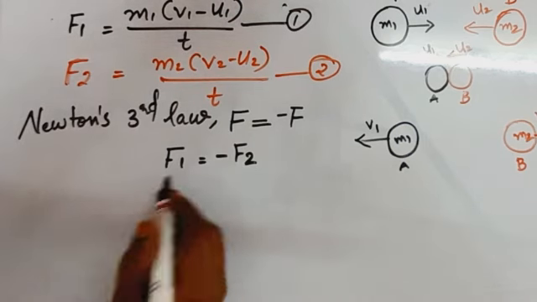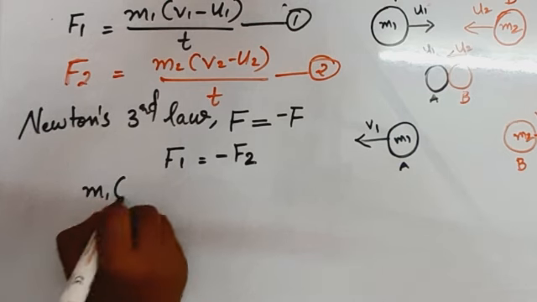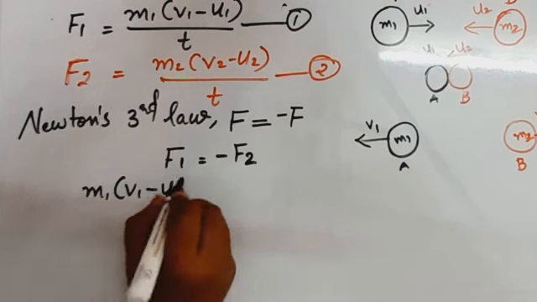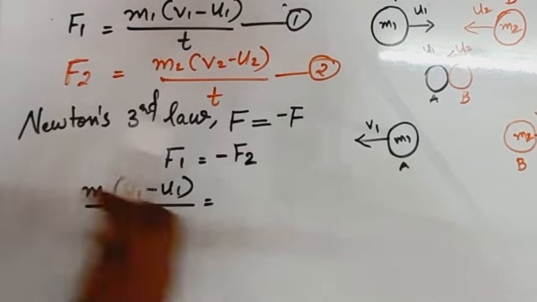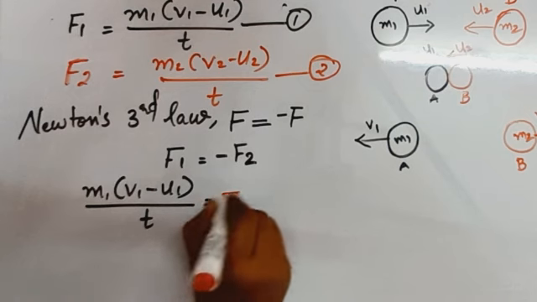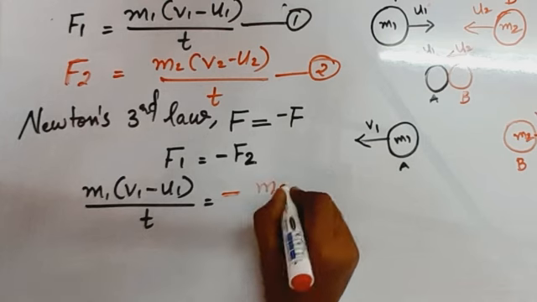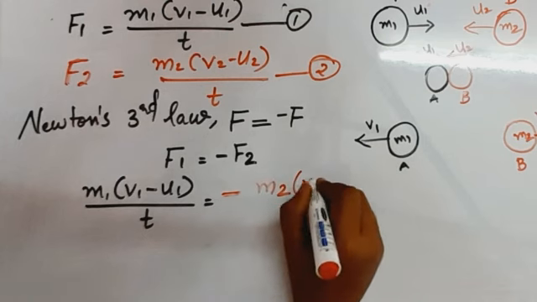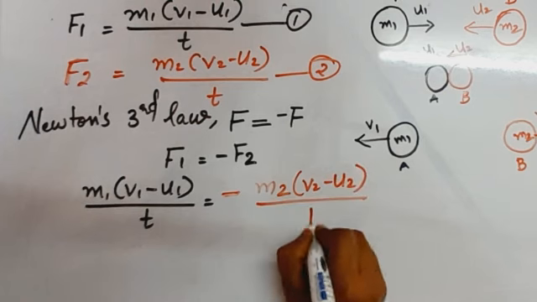F1, which is M1 into V1 minus U1 divided by T, is equal to minus F2, that is minus M2 V2 minus U2 divided by T.